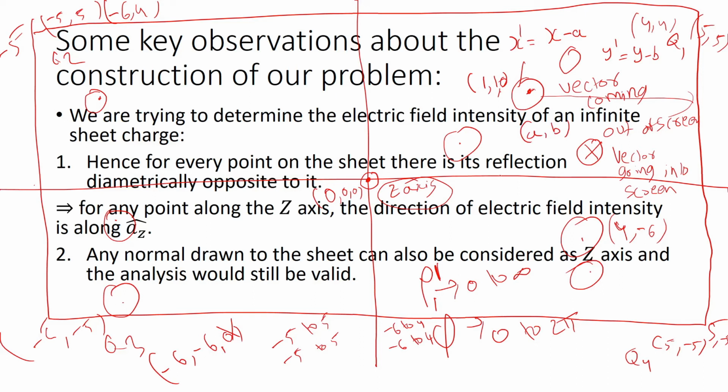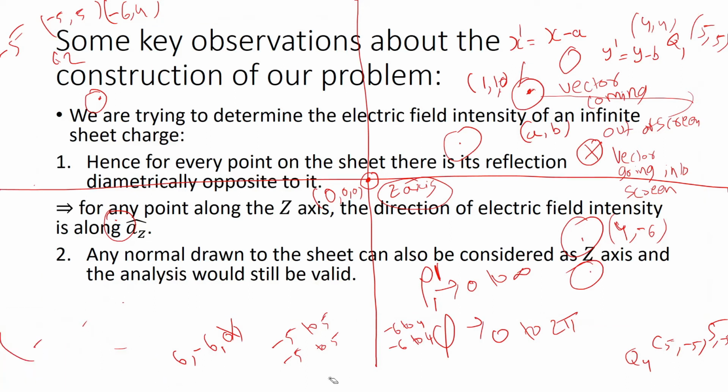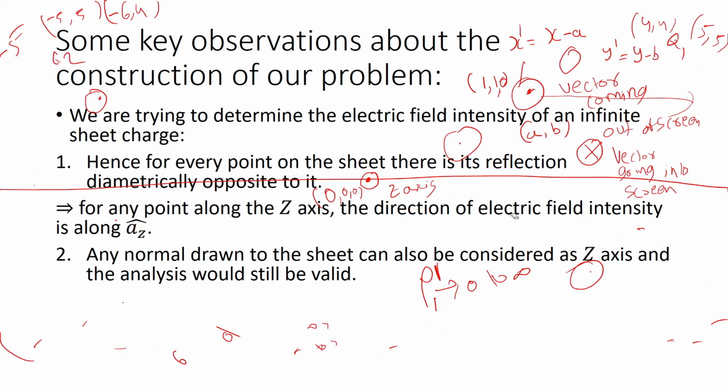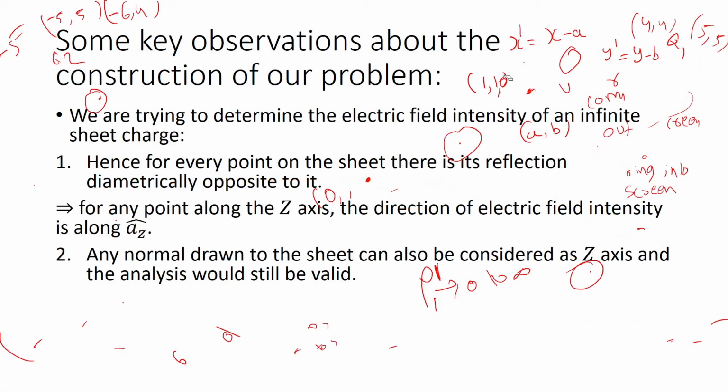Now let us come to our point of discussion. If the sheet is a finite sheet, then obviously the limits are changing. But assume that the sheet you have is an infinite sheet. Let us look at what happens because of an infinite sheet. The only thing I will be needing is the values of x prime and y prime.